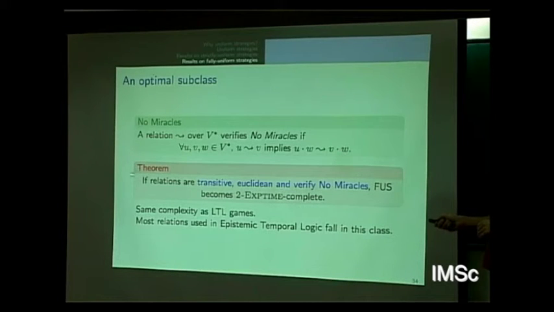If the relations you allow are rational, transitive, Euclidean, and they verify no miracles, then the problem becomes 2EXPTIME-complete. The reason is that these relations are almost equivalence relations.